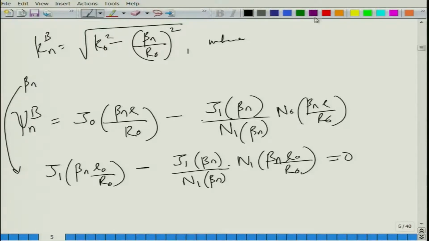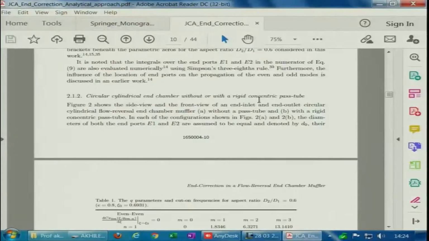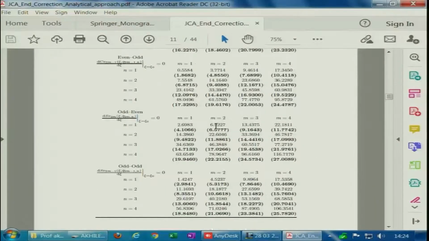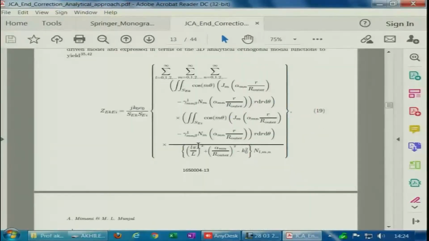So, this equation has to be solved numerically only, for a circular cylindrical chamber with a rigid concentric pass tube. So, this was how the Green's function looked, but we are not really considering the Green's function.